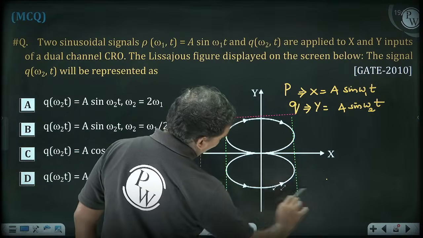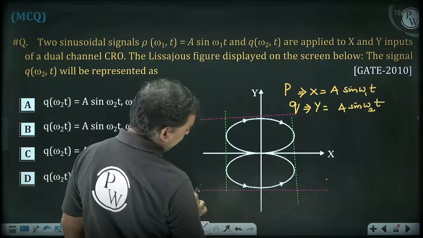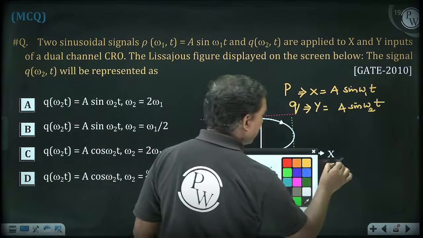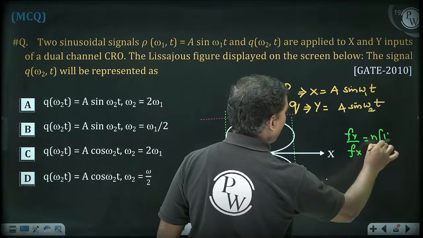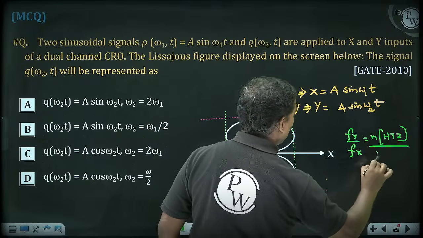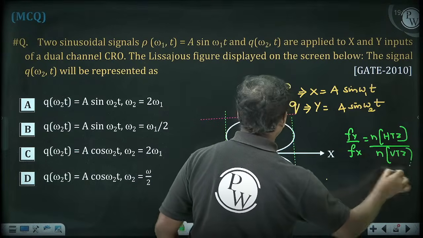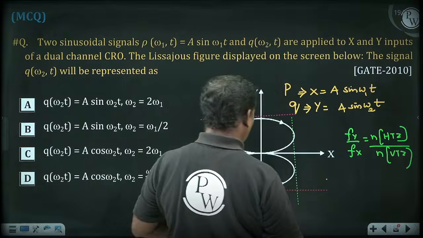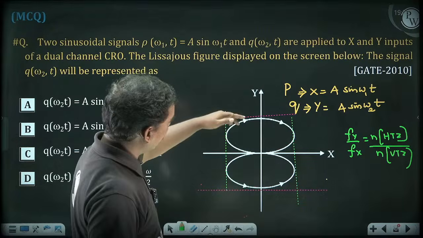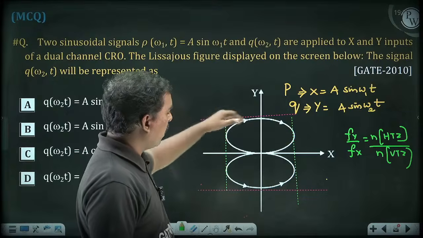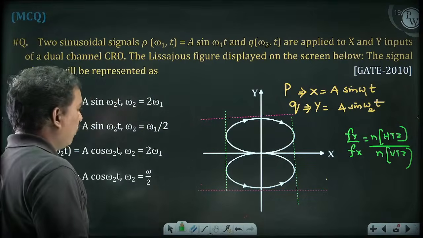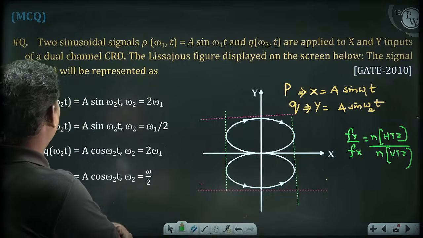So this is our Y axis. What is the Fy by Fx here? Fy by Fx is equal to number of horizontal tangencies divided by number of vertical tangencies. If you see this picture, these are the horizontal tangencies, because this is the vertical tangency.